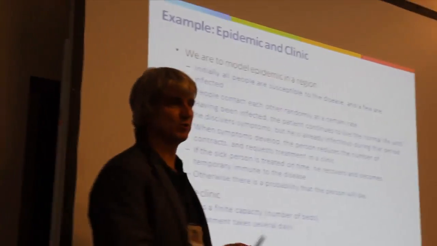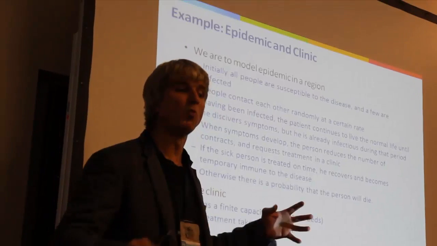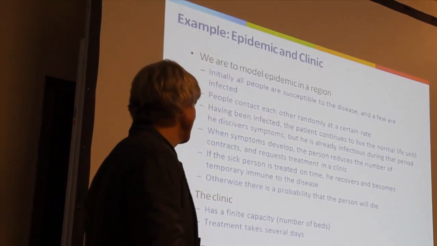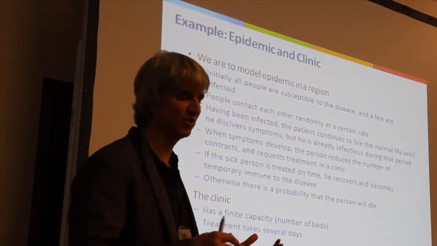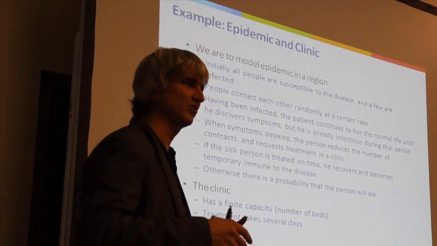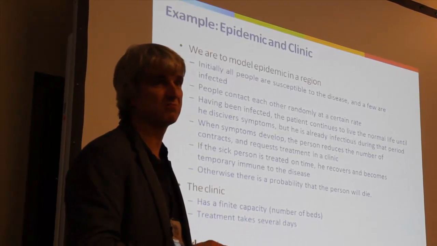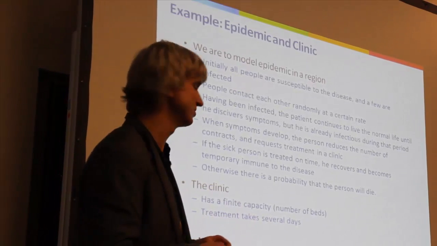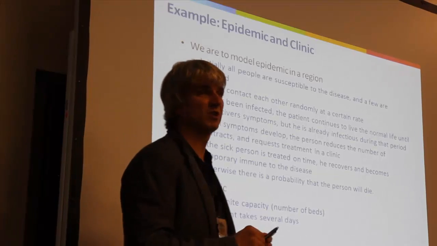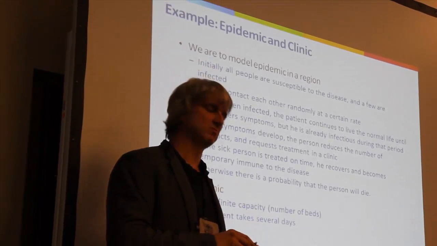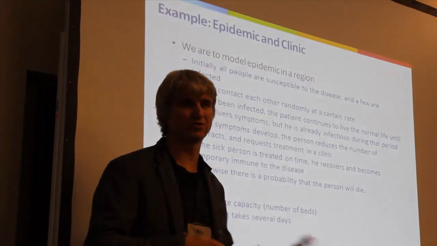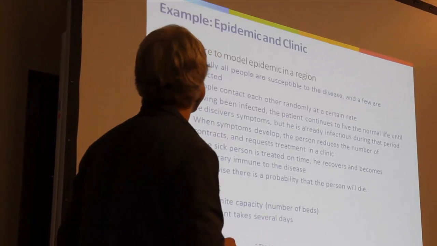Having been infected, a person for a little while, until he or she discovers symptoms, continues to live a normal life, meaning contacting other people regularly. When symptoms develop, the person stays at home and the contact rate is lower.